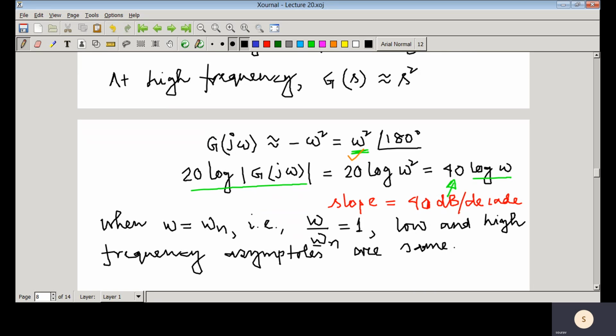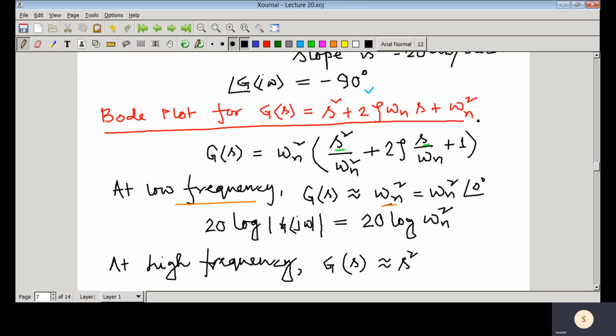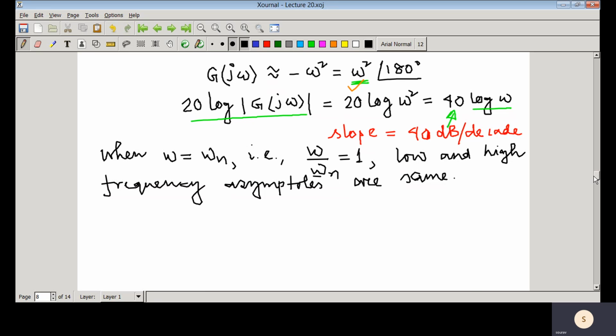So whenever you have one second order factor like this, then the corner frequency, as the low and high frequency asymptotes are same, omega n is that corner frequency.